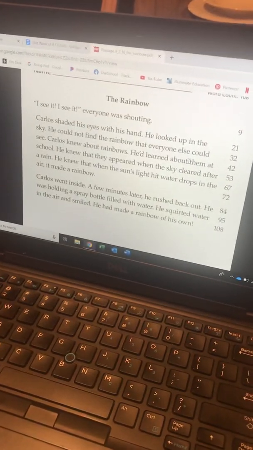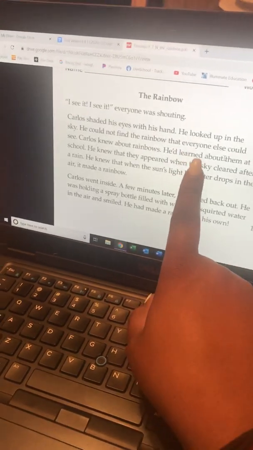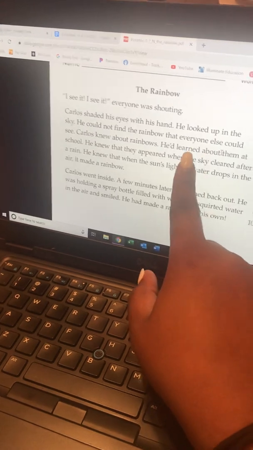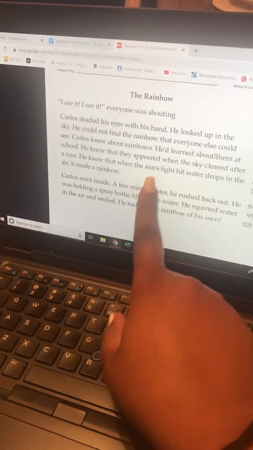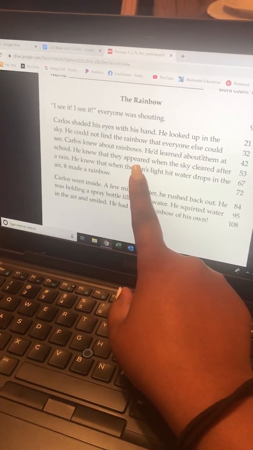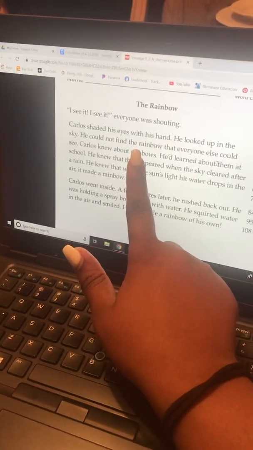Got it? Got it. This word here, you said it correctly, but you forgot to add the ed at the end. This word is learned. What is this word? Learned. Good. Naya, what's this word here? Paired. That's appeared. Now, if you take the AP off, it does say paired, right?